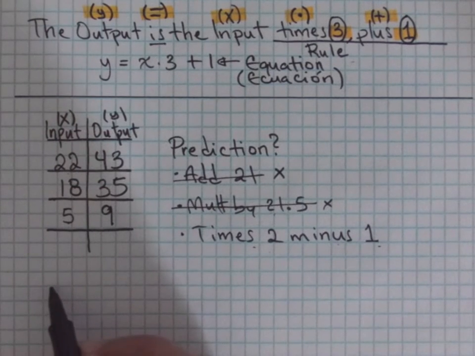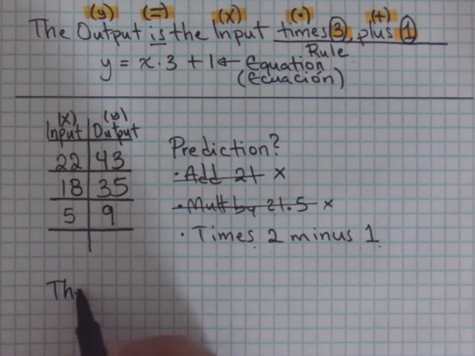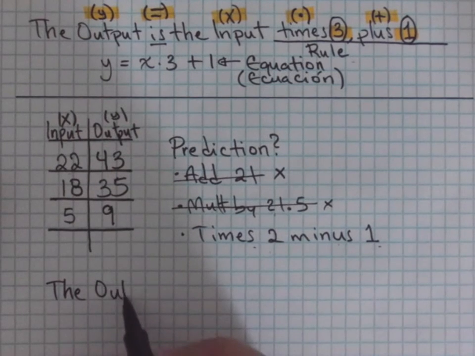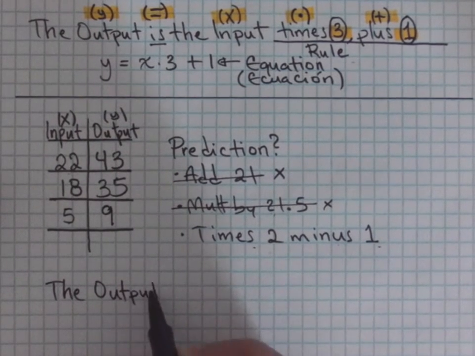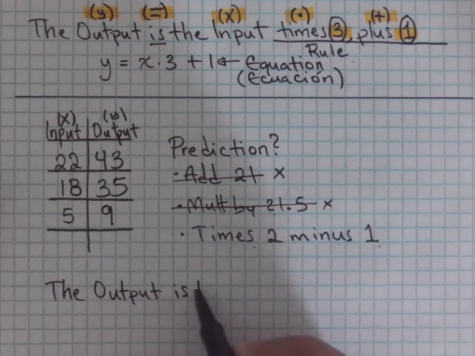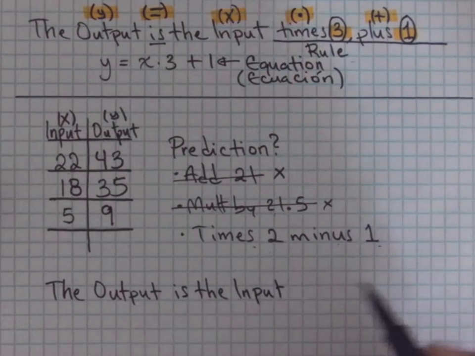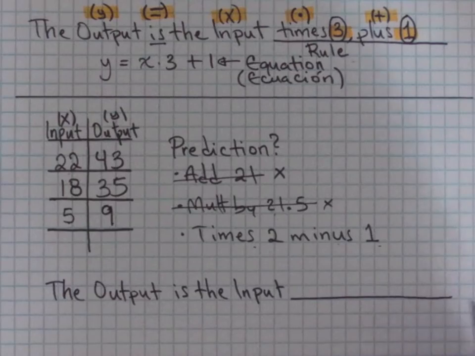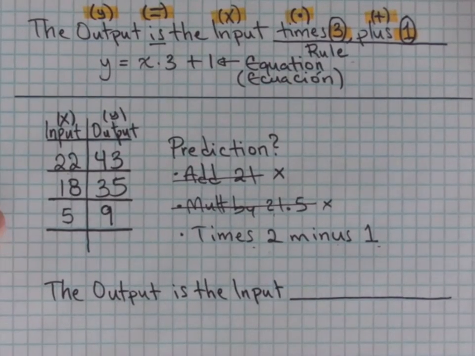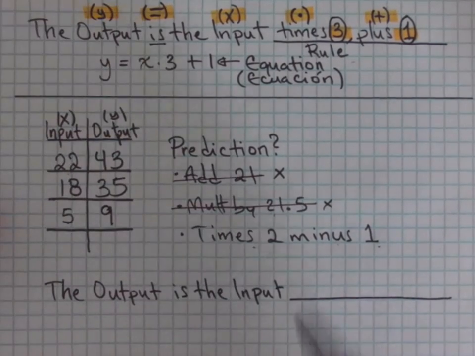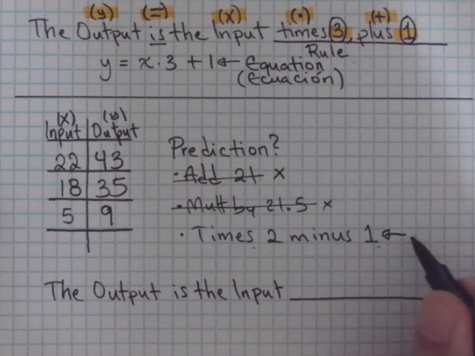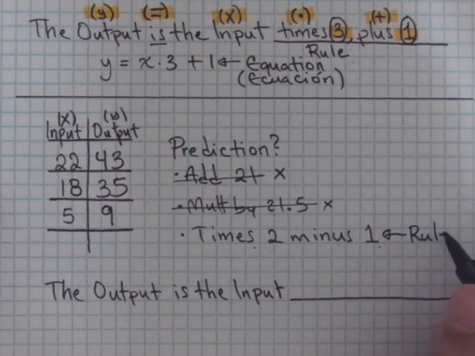All right, so let me start jumping in there because of our time. For those of you who were unsure, the output is the input. Y termino con la regla, and I have to finish with the rule. But the rule, we already decided this is the rule.